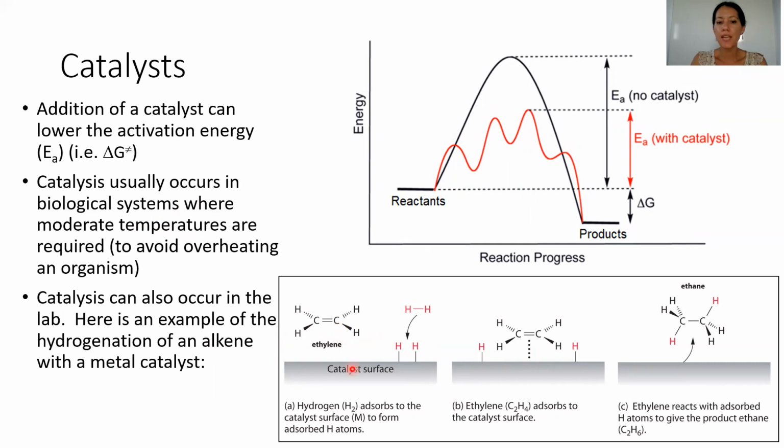And what you can do is take the metal surface, the catalyst surface, so just think of metal atoms, and you can add hydrogen gas to it to attach H's. And then when you introduce the alkene, the pi bond coordinates to the metal, and then now it's set up for the metal surface to more easily transfer the H's to give you the desired alkane product.